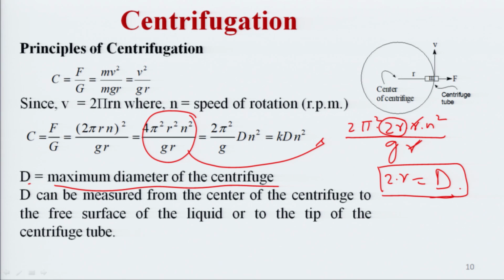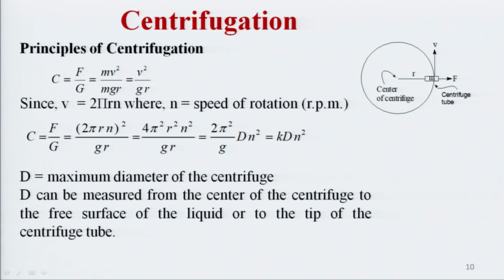So, putting the value of 2 r is equal to D in this equation, the equation changes to 2 pi square D n square upon g. So, this is equal to small k D n square. Finally, C is equal to k D n square.